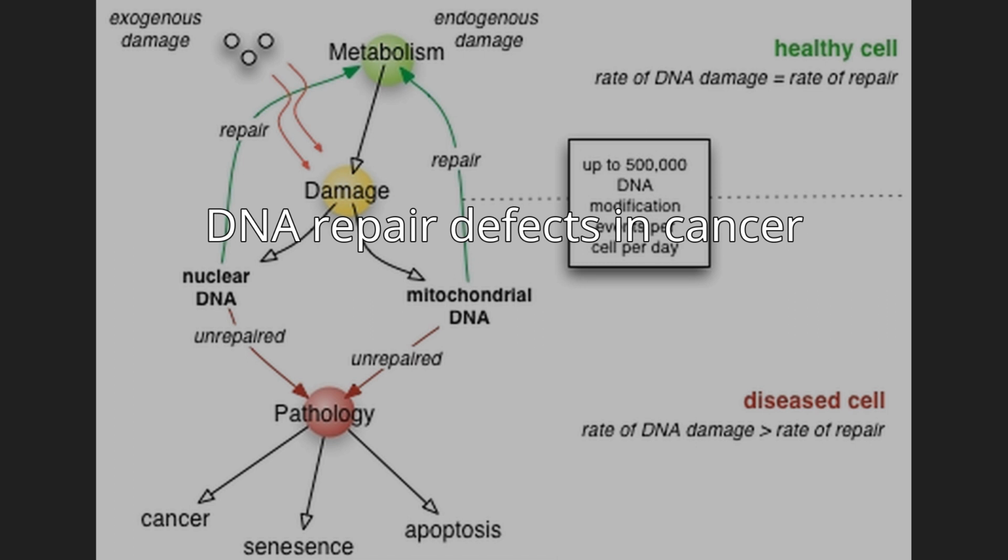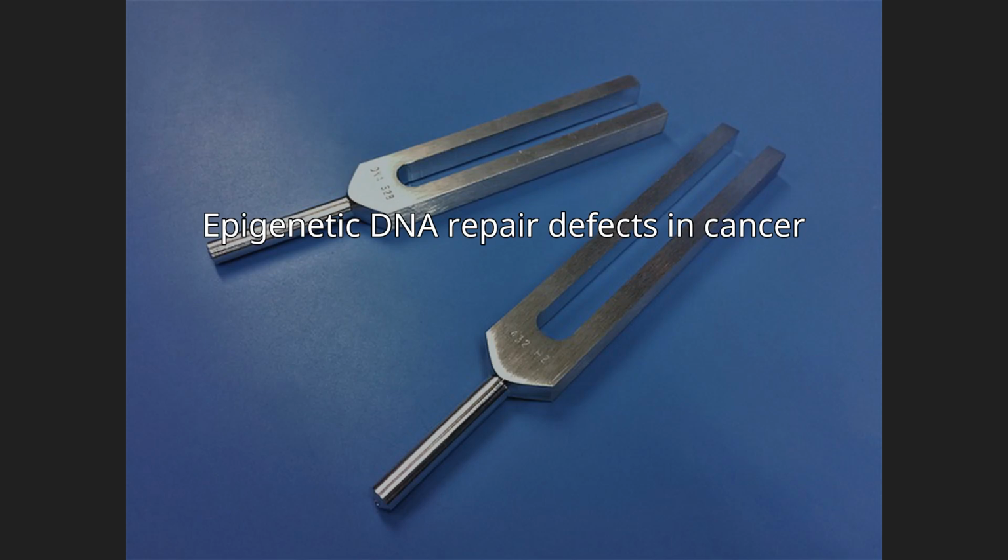HR equals homologous recombination. NHEJ equals non-homologous end joining. SSA equals single-strand annealing. FA equals Fanconi anemia pathway. BER equals base excision repair. NER equals nucleotide excision repair.